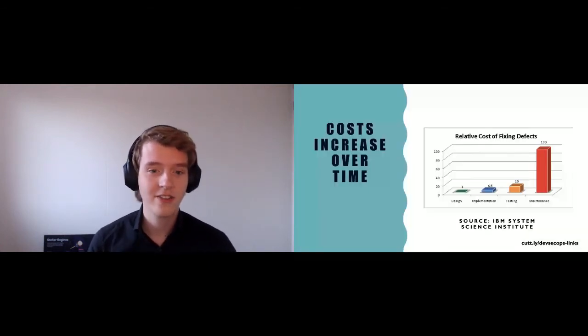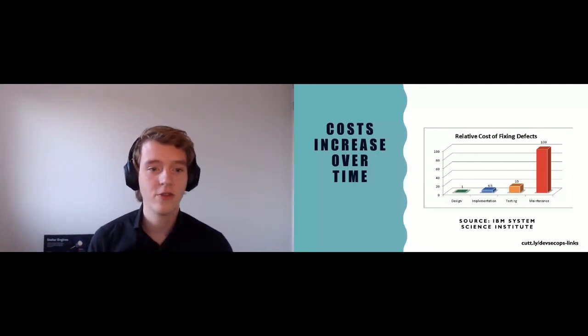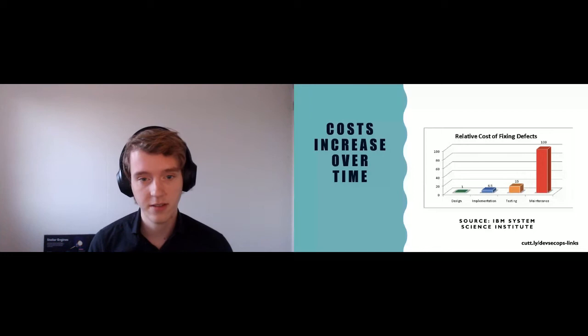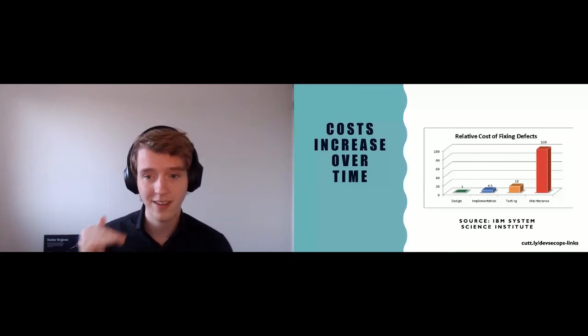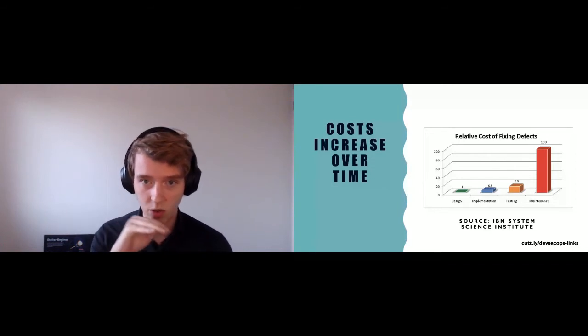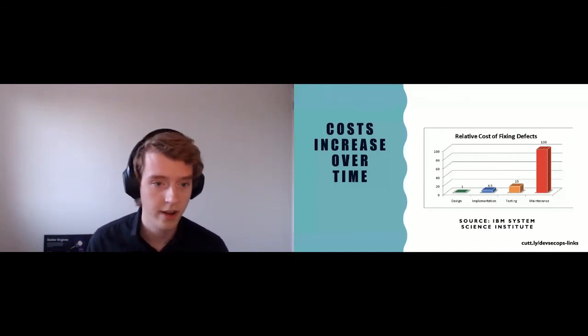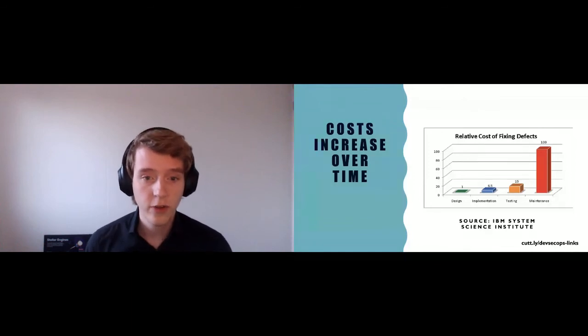Then there's this research that IBM did a while ago on the relative cost of fixing defects. So what they did is they took a baseline cost for fixing a defect or bug in the design phase of software development. Then they looked throughout the various later stages and saw how much more it cost in time and effort to fix that bug.